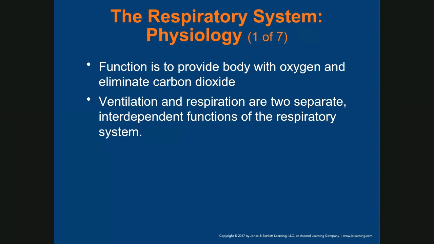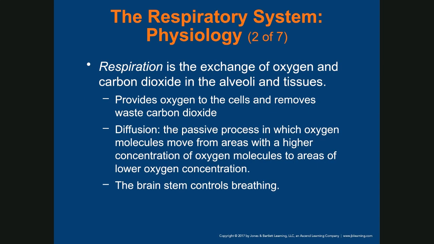All right, now respiratory system physiology. The function is to provide the body with oxygen and eliminate carbon dioxide. Ventilation and respiration are two separate interdependent functions of the respiratory system. Respiration is the exchange of oxygen and carbon dioxide in the alveoli and tissues, right?